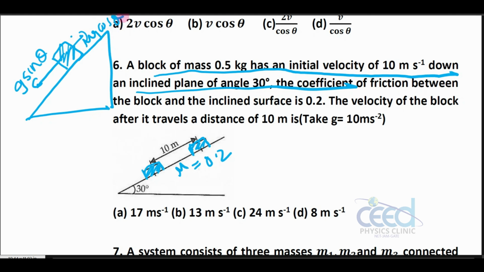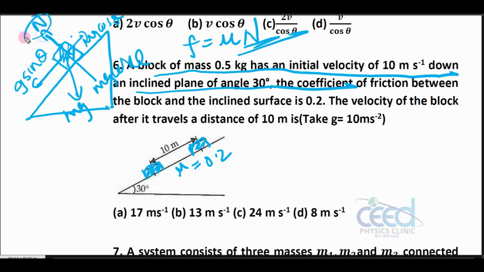Mu mg cos theta is the frictional force. We know this is mg, this is mg cos theta, this is the normal reaction. Now frictional force is equal to the coefficient of friction into the normal reaction. The normal reaction is mg cos theta, so the frictional force is mu mg cos theta.